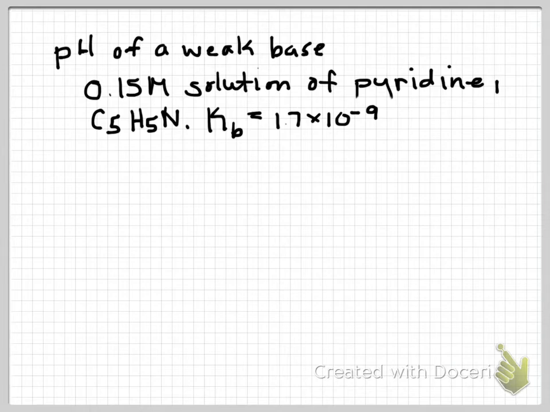For bases, when we're looking at a base in solution, it follows the general formula of a base plus water in equilibrium. And if we want to think about the reactants, instead of memorizing them, I always think you should go back and think about the Bronsted-Lowry definition for a base. That is a proton acceptor.